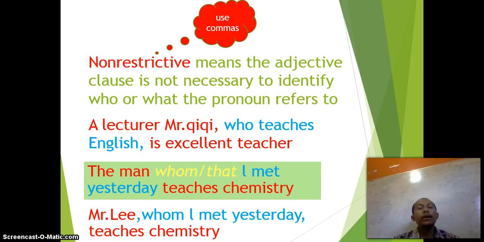So we don't use a comma, because it is necessary to know. If it is already clear, we already know who the pronoun and the subject are, so we use a comma. So the comma is very important in adjective clauses to identify who and what the pronouns refer to.